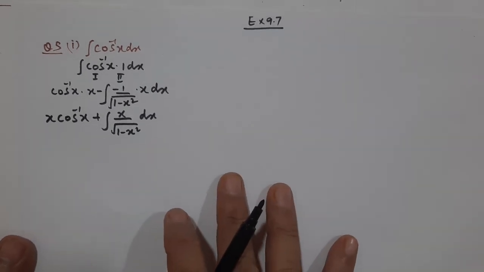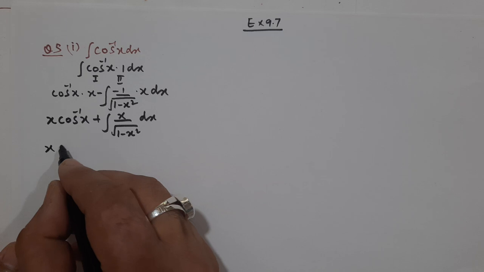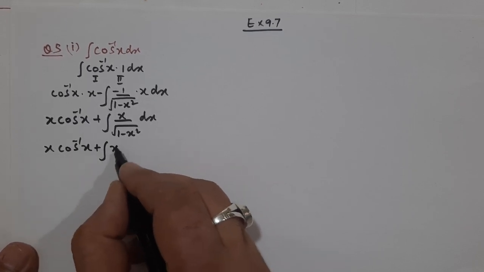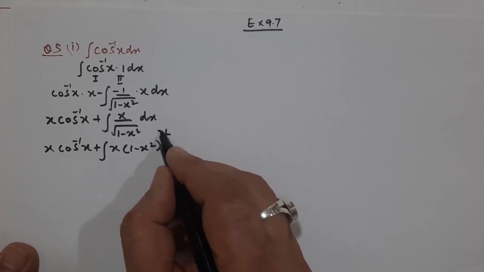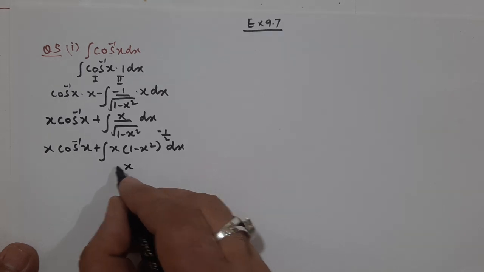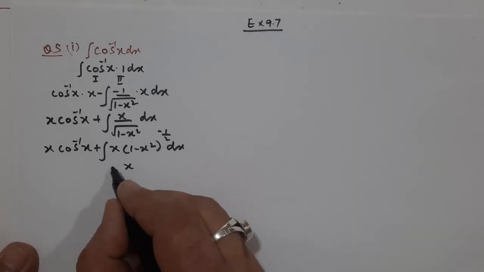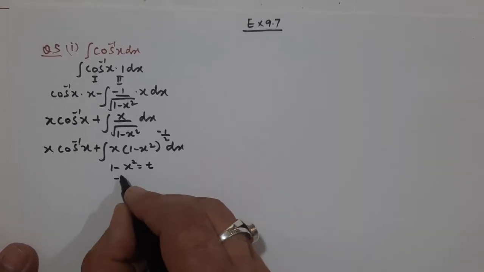Now students, we know very well how to integrate this type of integral. So we can write this integral as x times (1 minus x square) to the power minus half dx. So putting, either we can put 1 minus x square equal to t, or we can put x square. So better will be putting 1 minus x square equal to t.